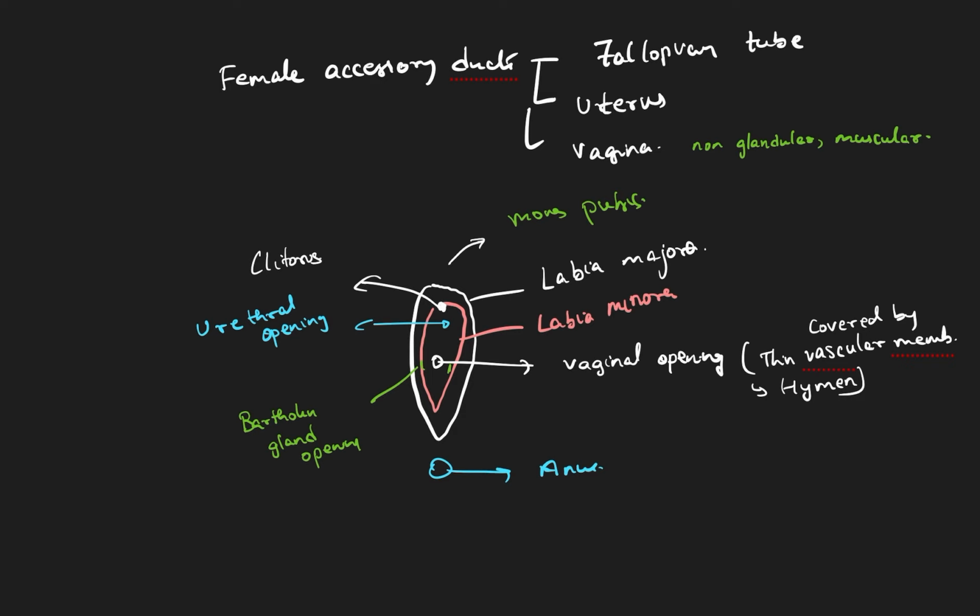It can stay even after intercourse. So this is not a method by which you can determine the virginity of a female, because it can break by various sports or activity, or even after intercourse it might not break. So this is the female genital system.